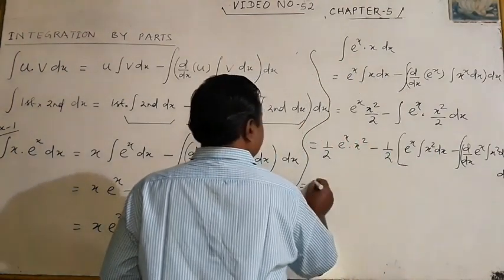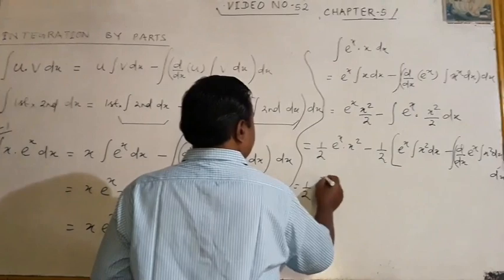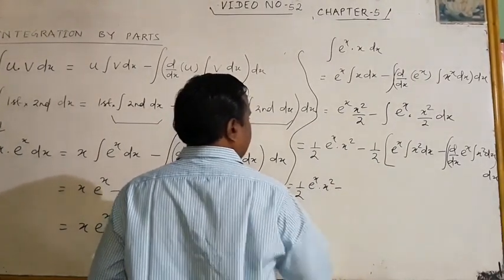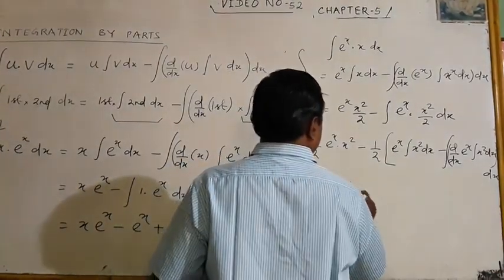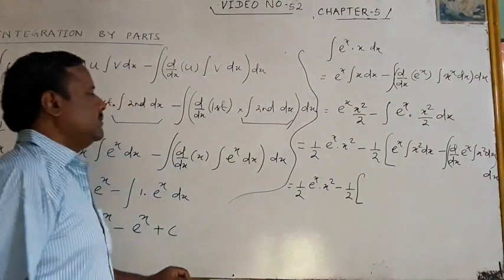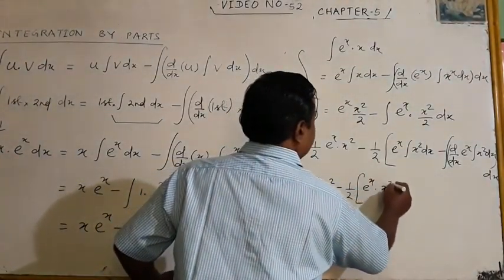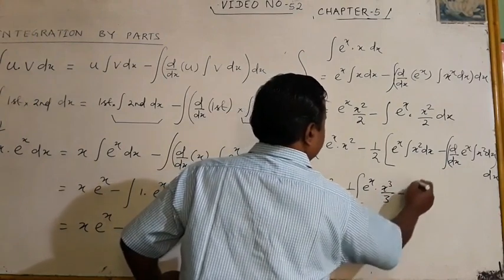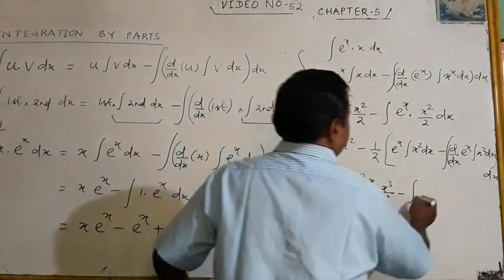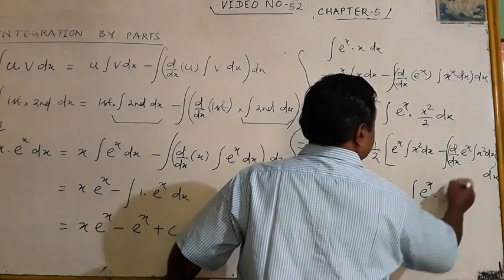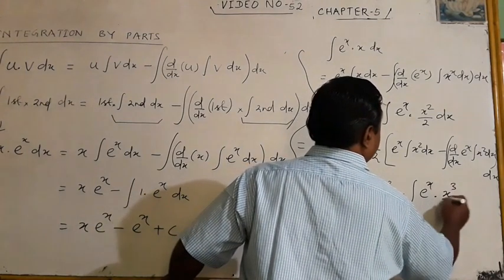So it becomes 1 by 2 e to the power x into x square minus 1 by 2 times e to the power x into x cube by 3 minus integration of e to the power x, e to the power x, x cube by 3.